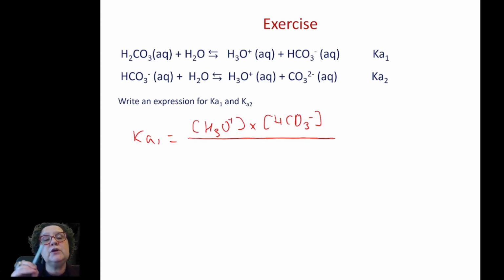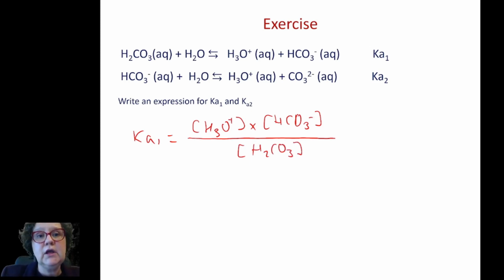And at the bottom, I put the concentration of the acid, and the acid is carbonic acid, H2CO3. And look that the water does not appear in the definition of acidity constant. It's only the acid that you're looking at and the two ions it generates. That would be an expression for Ka1.